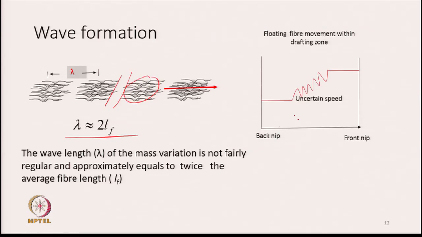In the diagram here, the uncertainty of speed that we have discussed is shown. From the back nip to a certain distance, the floating fiber is moving at a constant speed as it enters the back nip, and then there is a region where the speed is fluctuating.